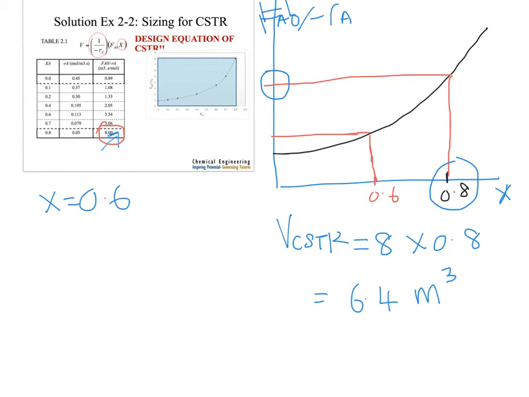So the VCSTR for conversion at 0.6: look at the table, FA naught over minus RA is 3.54, times 0.6. Then you will get the volume in meter cube.